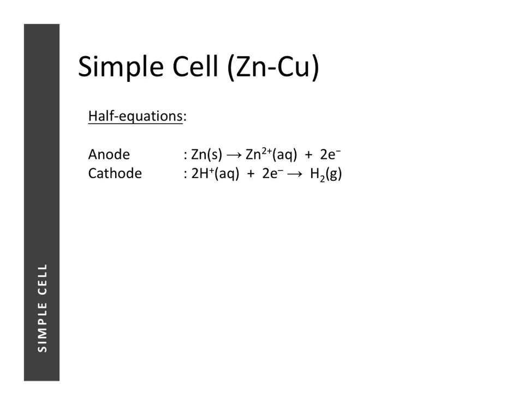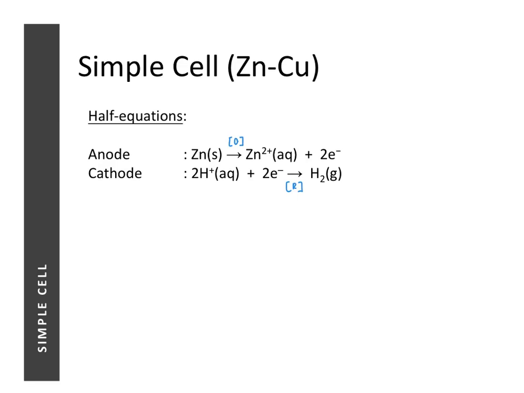So what we see here are the half equations of the reactions that are happening at the anode and the cathode. To recap, at the anode, your zinc anode is going to be oxidized to form zinc ions, and at the cathode, your hydrogen ions are going to take the electrons and become reduced to hydrogen gas. Now let's try to combine the two half equations.